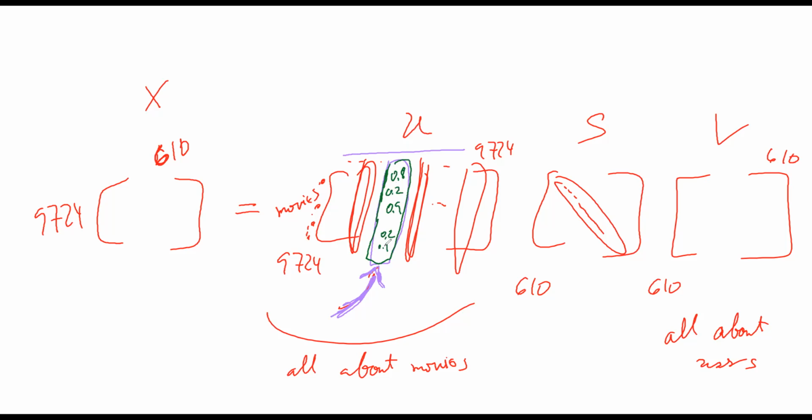Now the Will Ferrell movie might be over here, 0.7. That's actually a good example, because it's not necessarily just genres. It could just be that Will Ferrell becomes its own column. Do you see that? And so with singular value decomposition, you don't tell it, hey, find Will Ferrell movies.